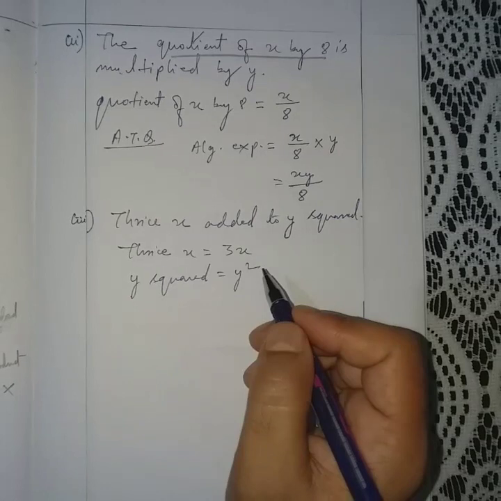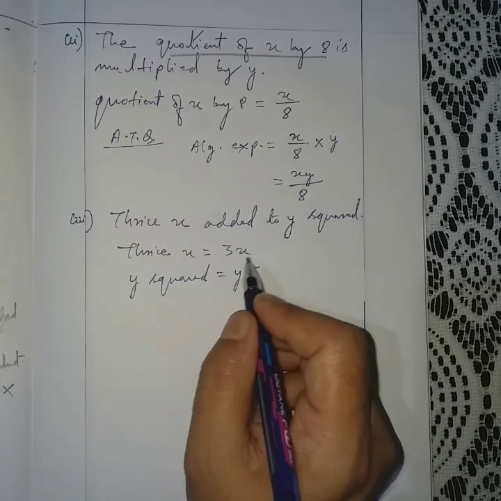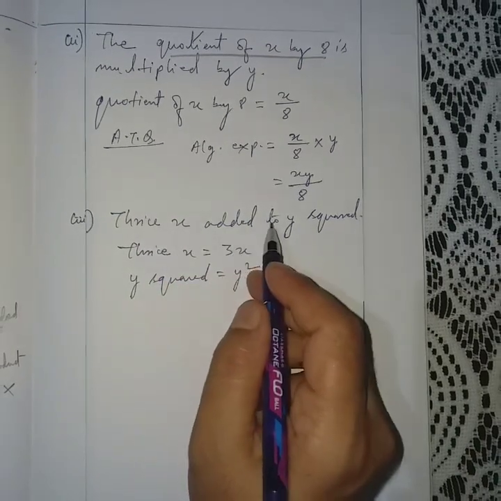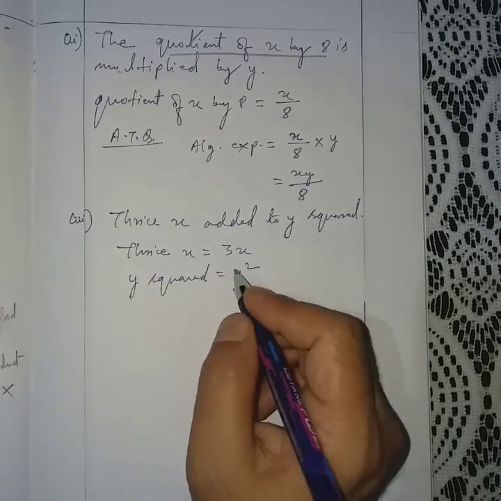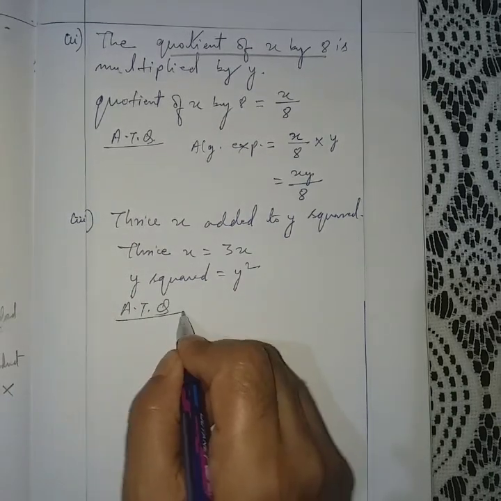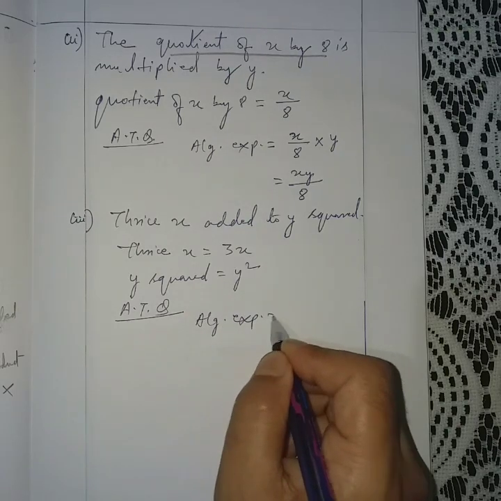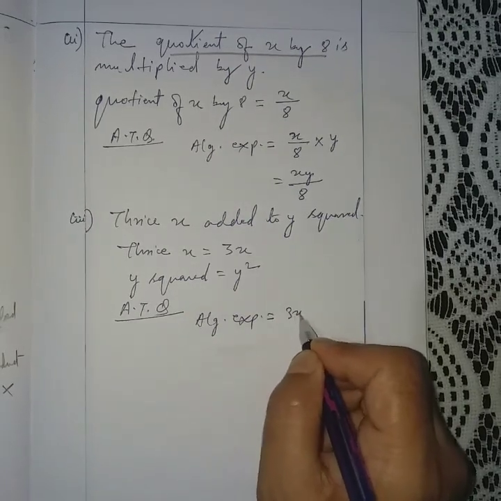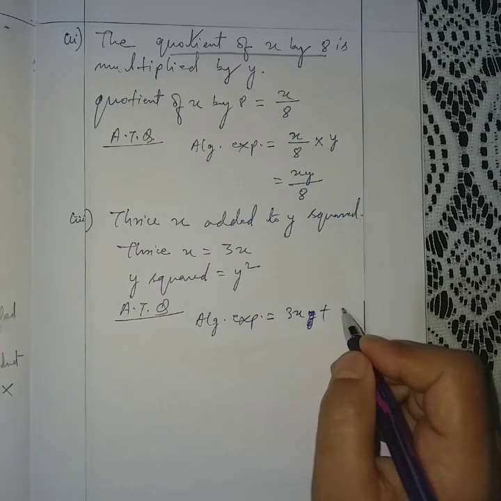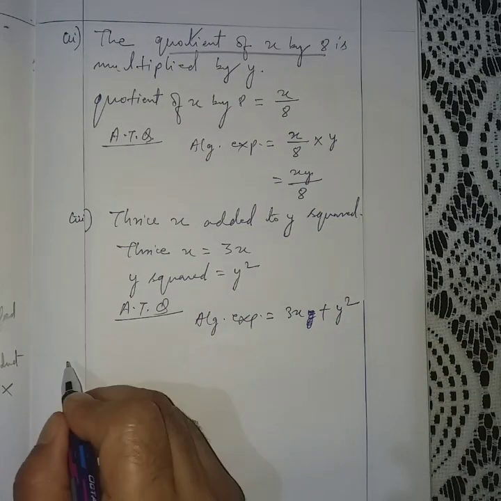So here we have to add 3x and y square. Thrice x added to y squared. So we have to add according to the question. The algebraic expression will be equal to thrice x plus y square.